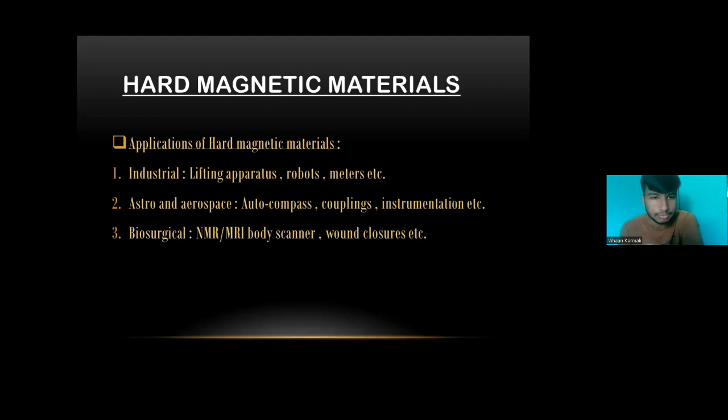Furthermore, they are used for biosurgical methods like the MRI body scanner, which is basically a large tube which contains superconducting hard magnetic materials. Magnets also help in healing wounds through magnetic static field therapy.